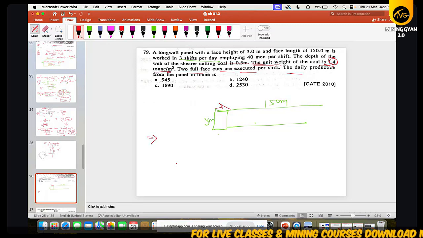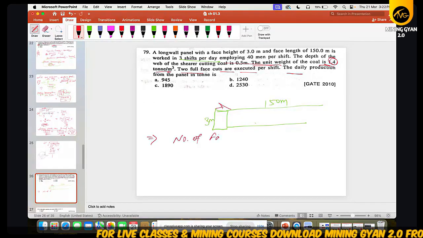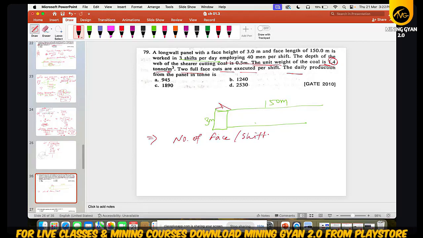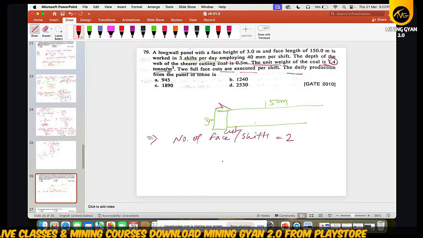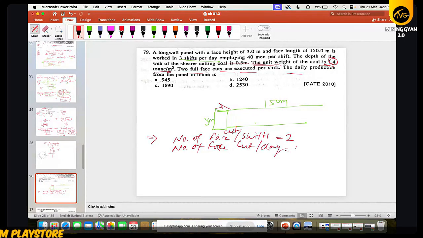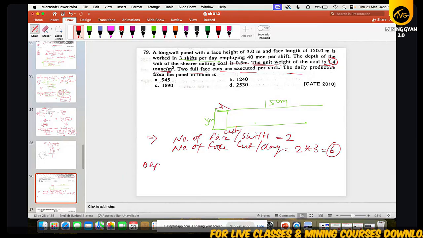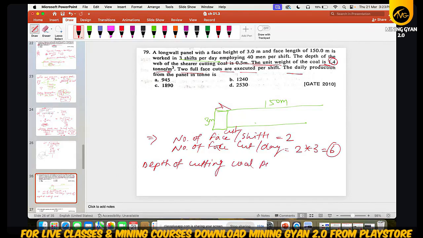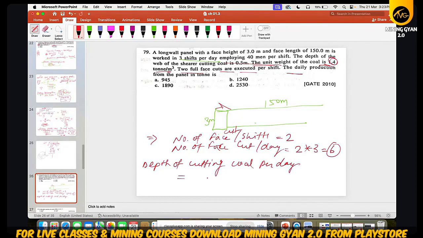So the number of face cuts per shift will be 2, and the number of face cuts per day will be 6, since in one day there are 3 shifts. Then we have to find out the depth of cutting coal per day. What will be the formula?